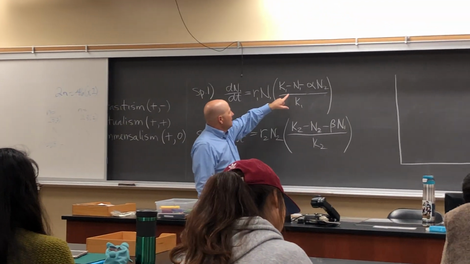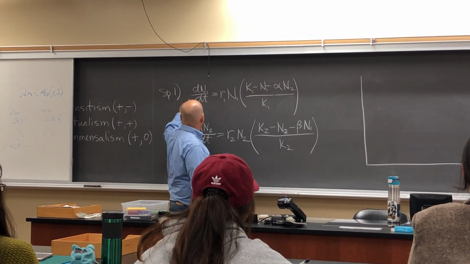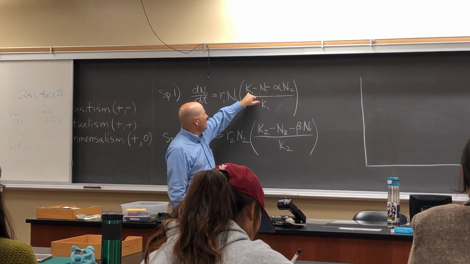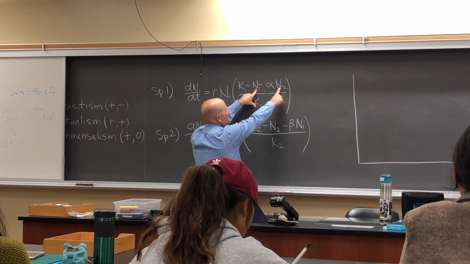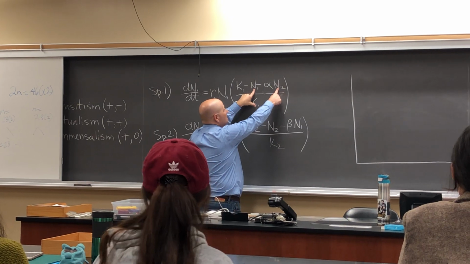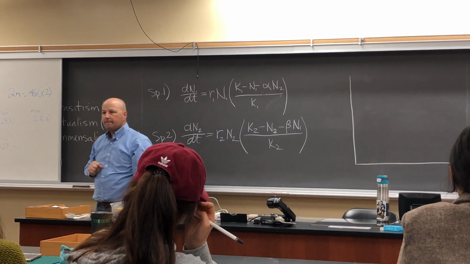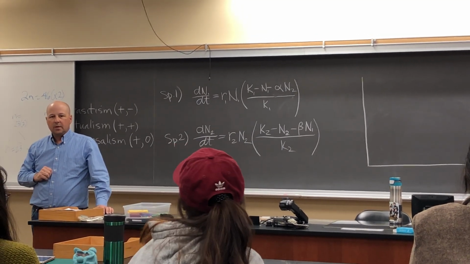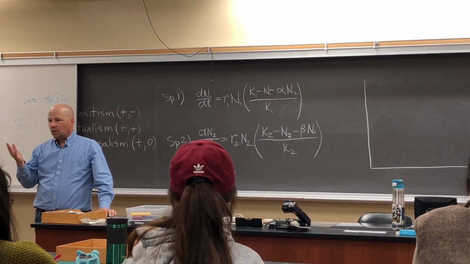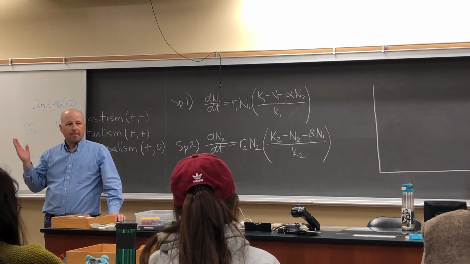So if we were talking about species 1 here, carrying capacity 1, what are all the combinations of this number and this number that would make this add up to that? Because what's the growth rate when a population's at carrying capacity? 0.